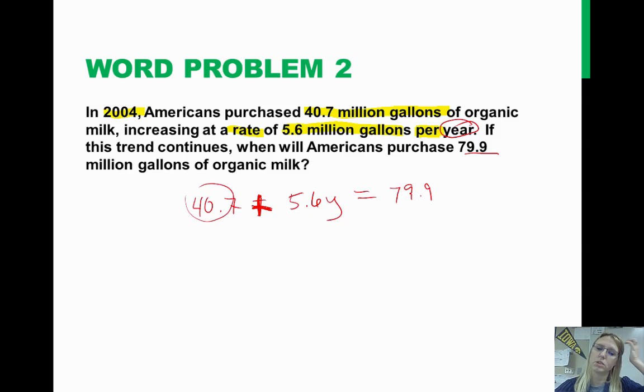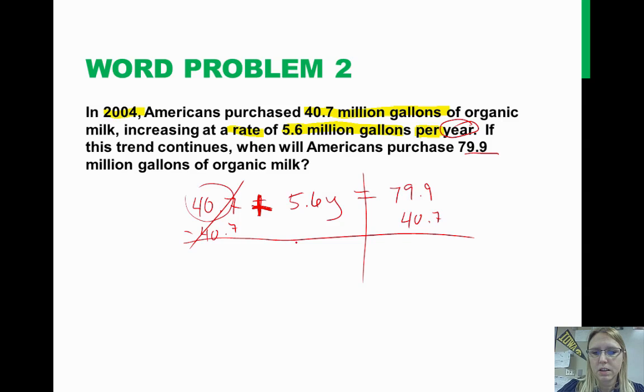So what we're going to do is solve for y here. Subtract 40.7 from both sides. So we have 5.6y equals 39.2. If we use a calculator to calculate this, we will find an answer of 7.